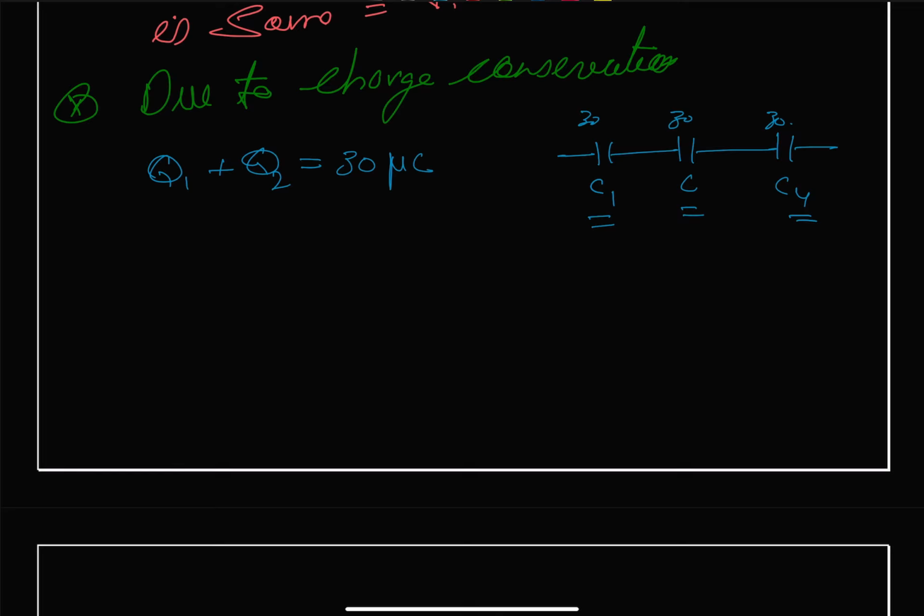And C is a parallel combination of C2 and C3. So the total charge on C2 and C3 will be equal to 30 microcoulomb.